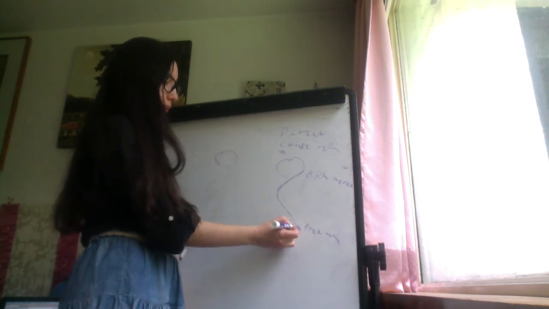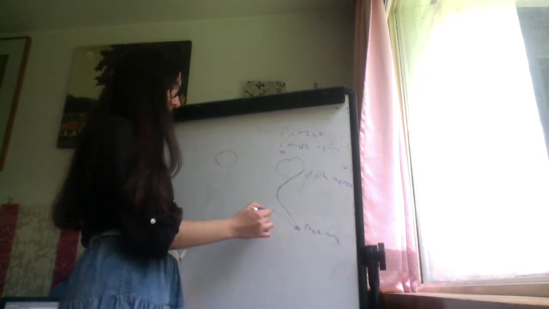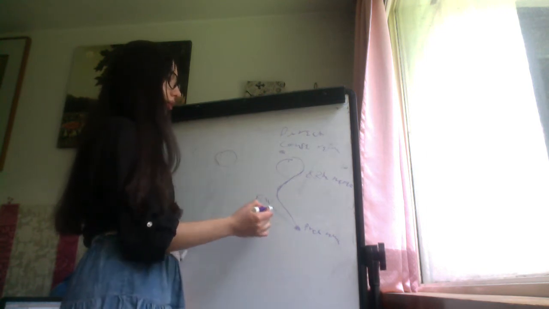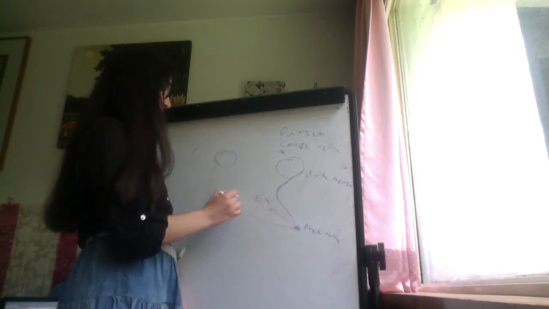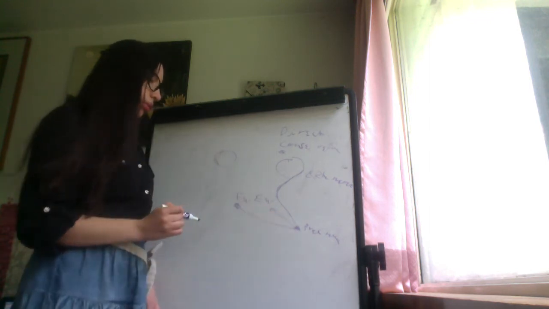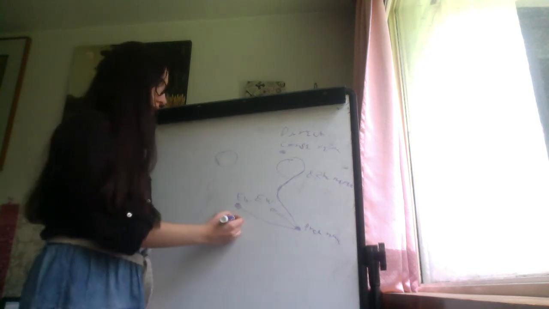Then the pretectal nucleus sends second order neurons to the Edinger-Westphal nucleus bilaterally, so for this side and for the other side.